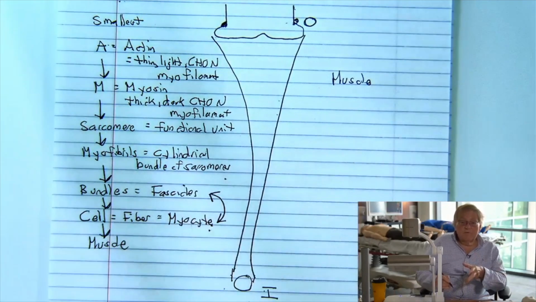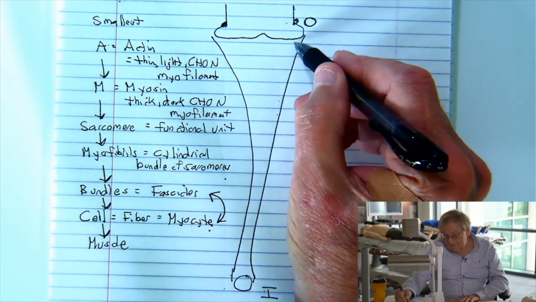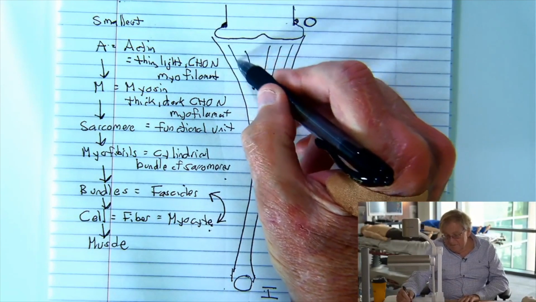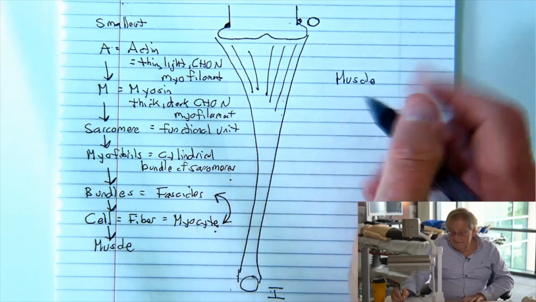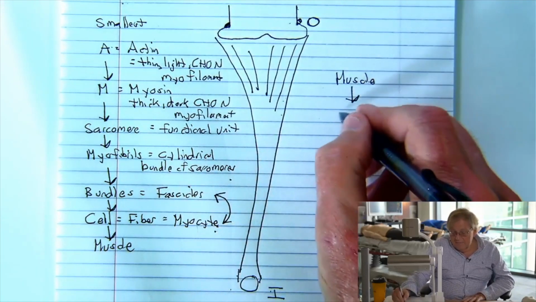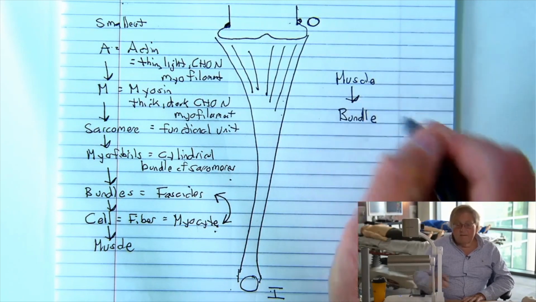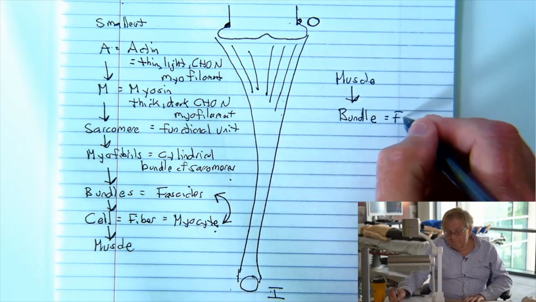Did you notice how it seems to group together like this? It looks to me like this is a muscle that's got a bunch of bundles. So the muscle is made out of bundles, and bundles are also called fascicles.